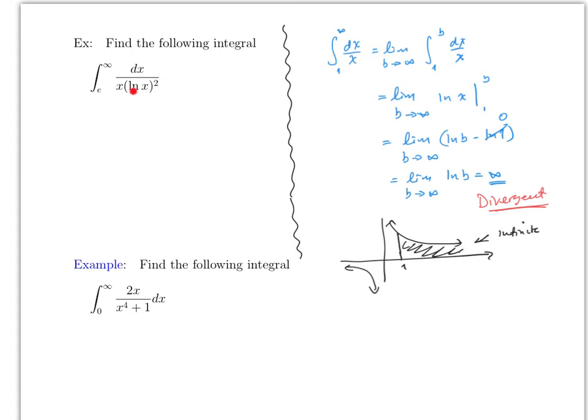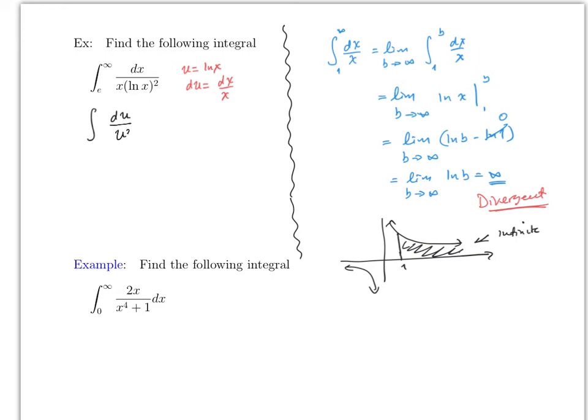Now this question looks different than the previous one, but it's essentially the same once you do a substitution. Here, let's say that u is equal to ln x, so therefore du will be dx over x. Okay, so notice that this is the same thing as the integral of du over u squared. The du includes this dx over x right here.